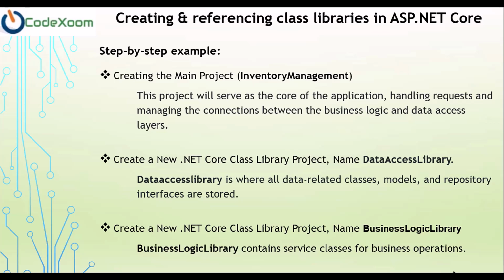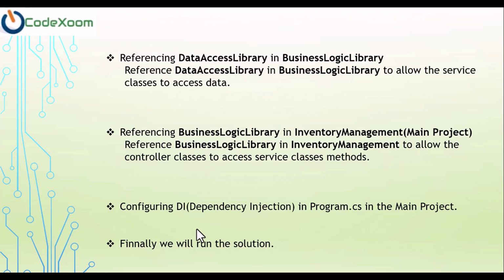Then we will create a class library named Business Logic Library. This Business Logic Library contains service classes for business operations. And then we will reference Data Access Library in Business Logic Library. Referencing Data Access Library in Business Logic Library allows the service classes to access the data.